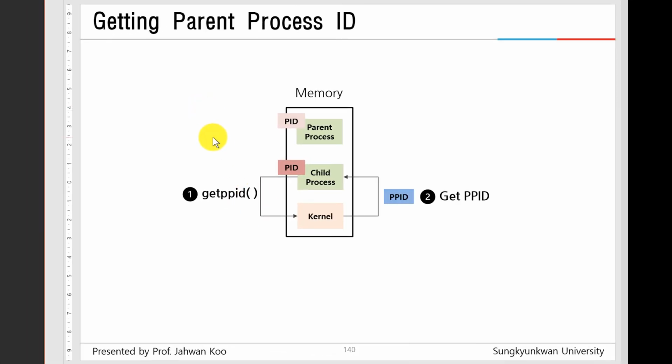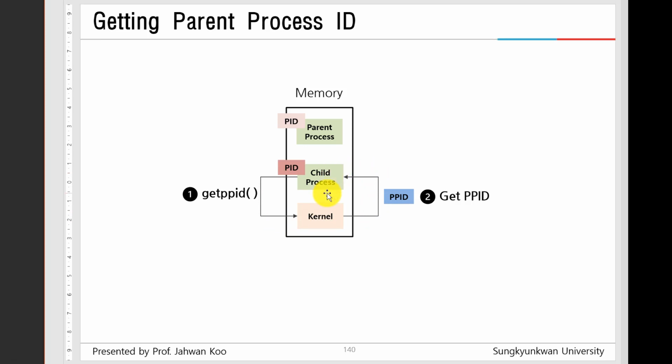We have learned each process has a parent-child relationship. So, how can we get the process ID of the parent process? We can use the getppid system call in the child process to get the process ID of the parent process.